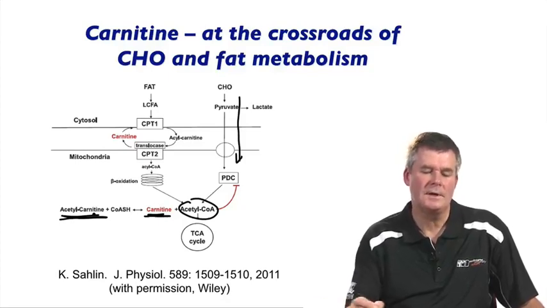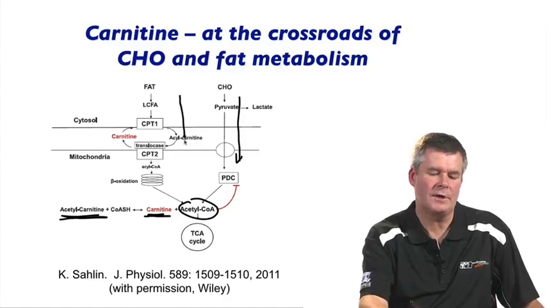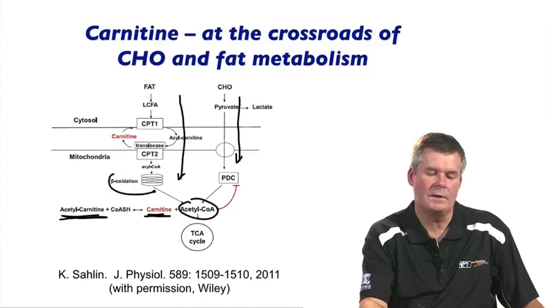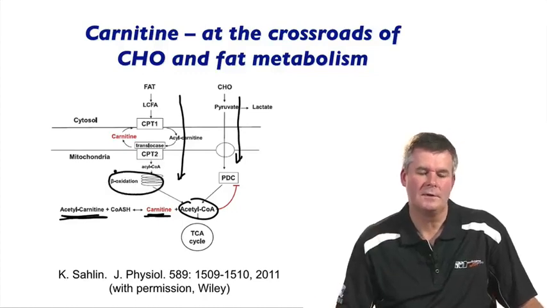But you can see here, in relation to the mitochondrial uptake of fatty acids, here is the long-chain fatty acid, the importance of carnitine, and the CPT1 enzyme complex, which transports the long-chain fatty acid into the mitochondria, where it can undertake beta oxidation and enter the oxidative pathway. And so carnitine has an important role.